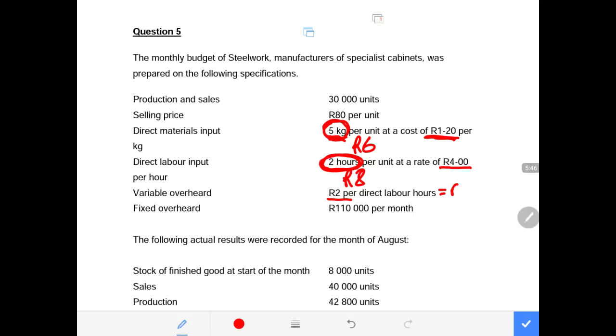That means our variable overhead will be 4 rand per unit. That means it will be 6 rand material, 8 rand per unit of labor, and 4 rand per unit of variable overheads. And when it comes to the fixed one, we are given the total as 110,000 for the full month that we're budgeting our production to be.